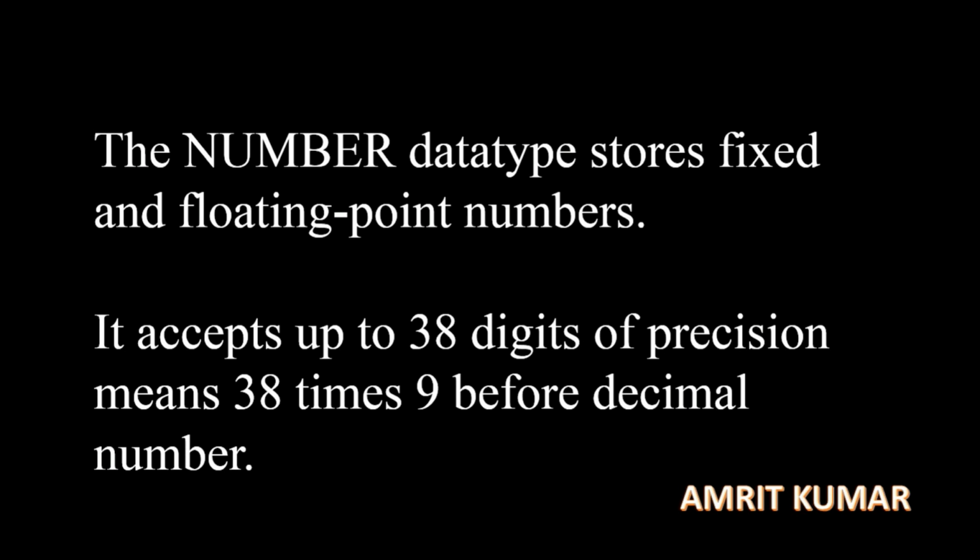In Oracle, 38 digits of precision means 38 times 9, and not 38, before the decimal number. So the number data type can store fixed and floating point numbers, and it accepts up to 38 digits of precision. It means 38 times 9 before the decimal number.